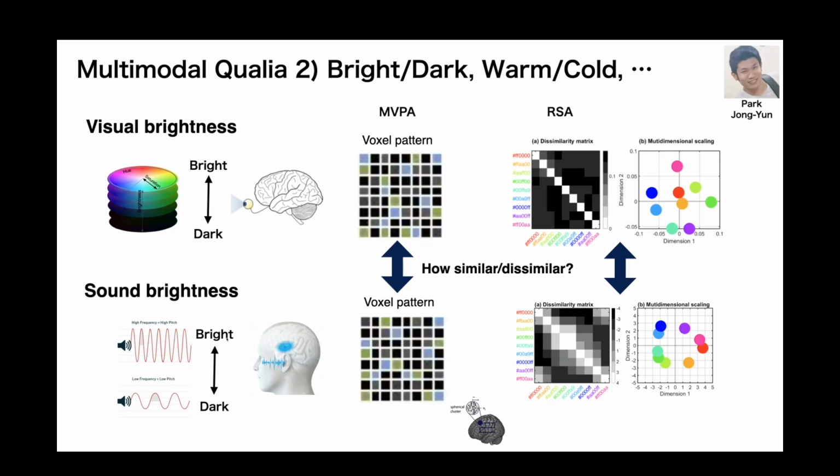And at the same time, we can do the same thing from the sound, like by changing the frequency, we feel bright and dark, and we can create Voxel patterns and see which brain regions match, so that we can know the exact Qualia of brightness. Okay, and we can also do this RSA as we are doing in Qualia research.